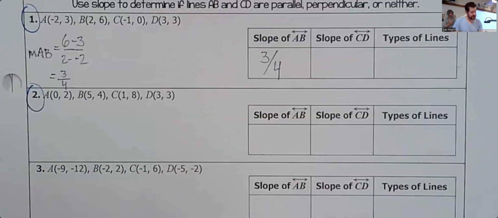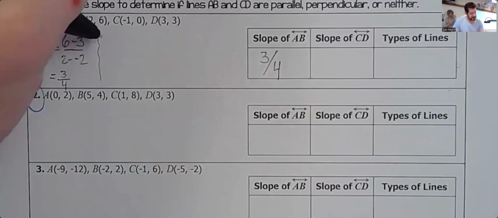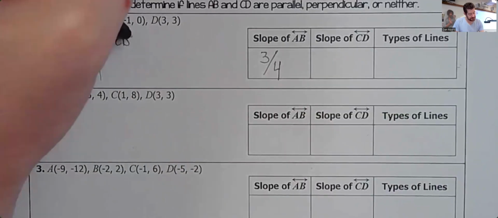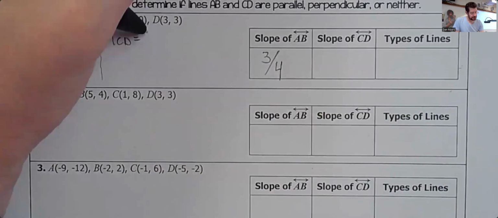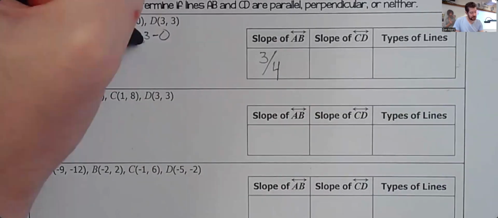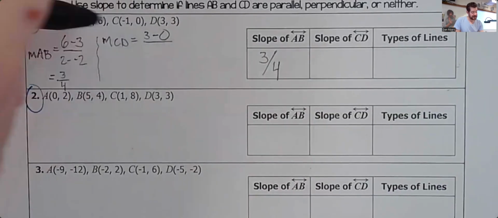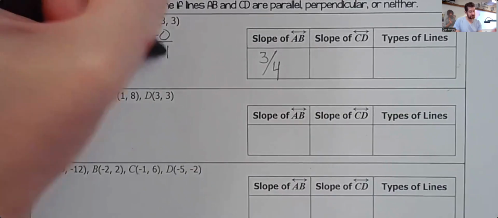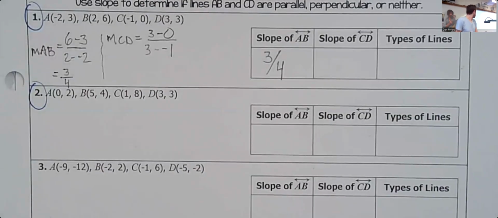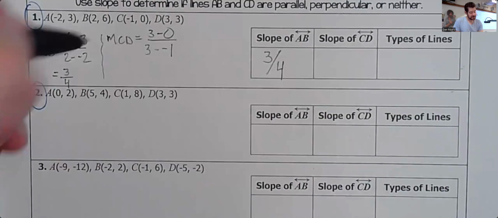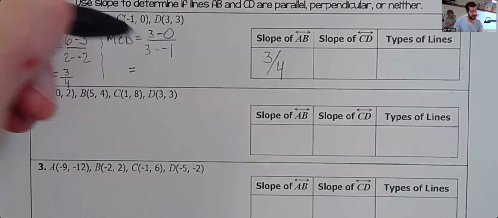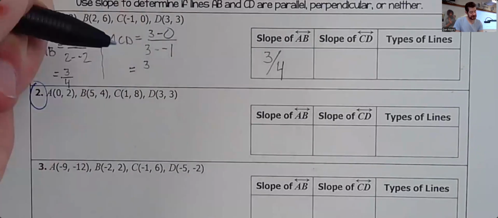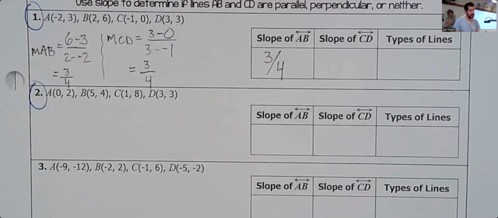Then we're going to do the same thing with CD. So slope of line CD, Y2 minus Y1, that'll be 3 minus 0 over X2 minus X1 would be 3 minus negative 1. So what's the slope of that line? 3/4 again. Yeah, 3 minus 0 is 3. 3 minus negative 1 is 4.